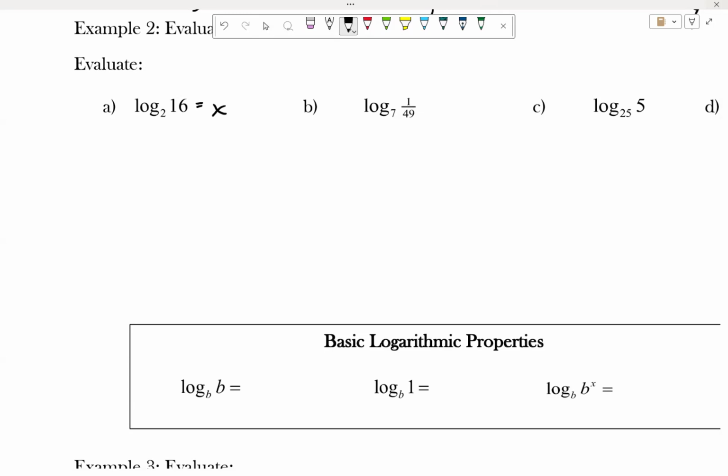Give a moment to do that. And again, check in with your neighbor, make sure that it's making sense.